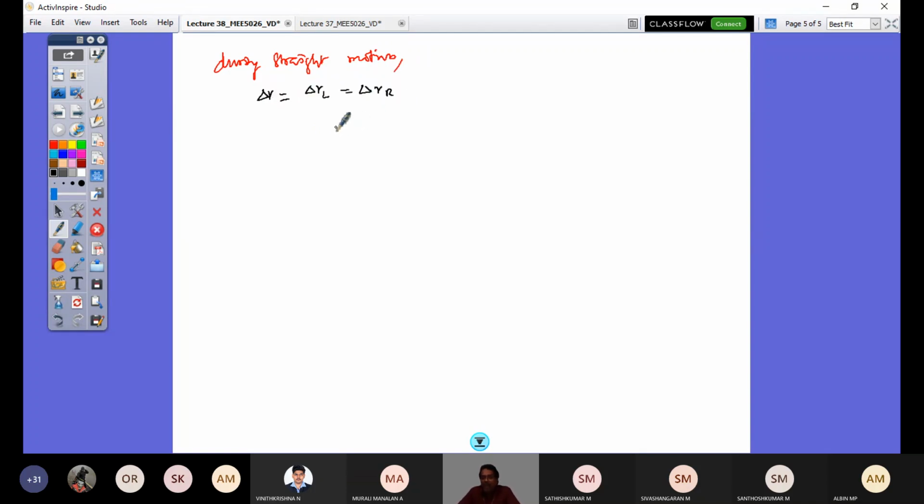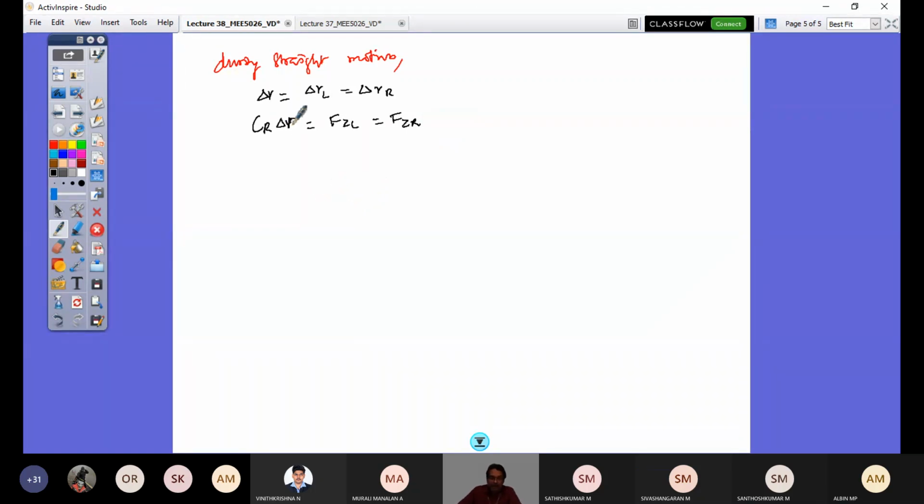And the CR into delta R is what my FZ L is equal to FZ R. So this CR into delta R is equal to FZ L, that's equal to FZ R, the normal loads in the tire. So now I can write this like this. This is delta R, this is delta R, right?